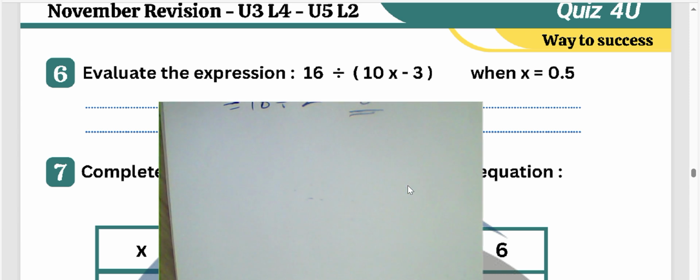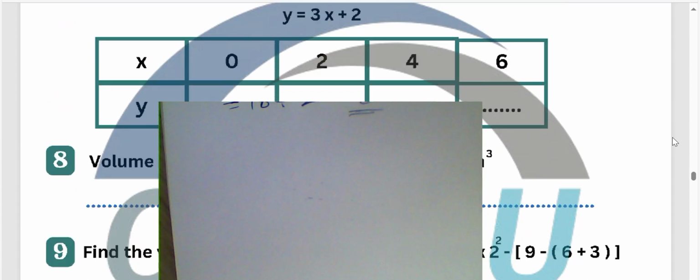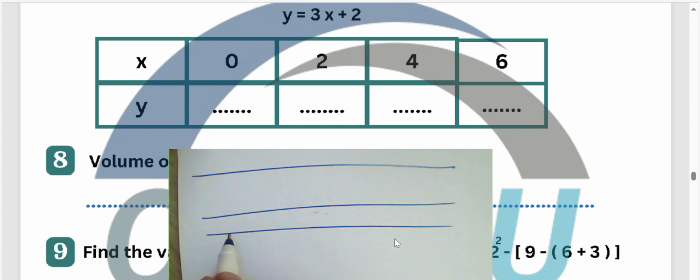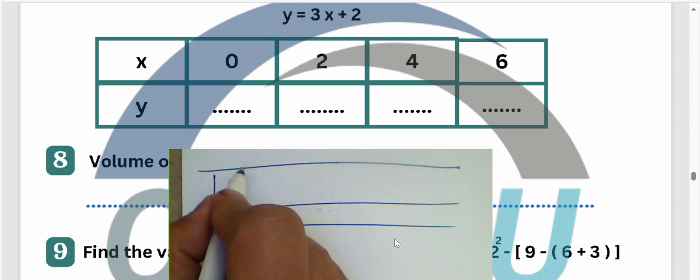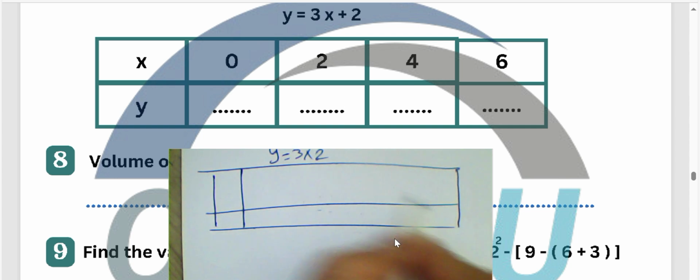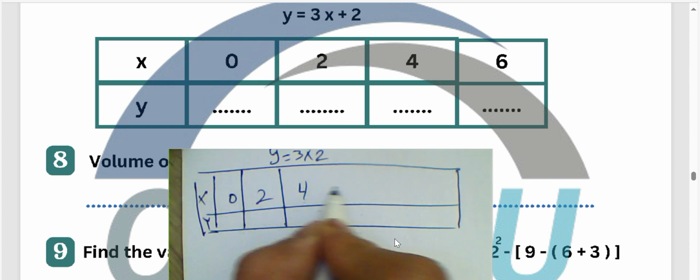Question 7. Complete the table according to x to find the output. Okay. We have y equals 3x plus 2. We have here x and y. Put x equals 0, 2, 4, and 6.